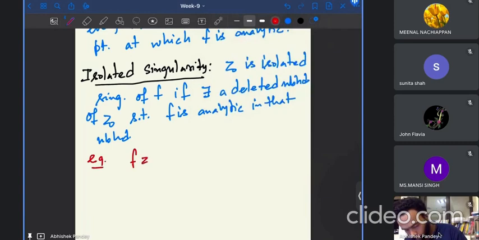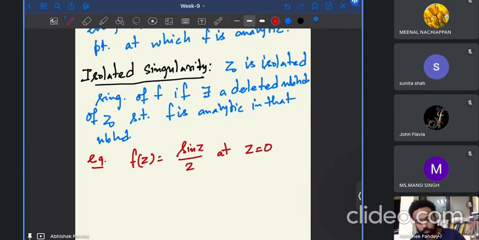if we say sin z by z at z equals 0, this has a removable singularity. Sorry, this z equals 0 is an isolated singularity.